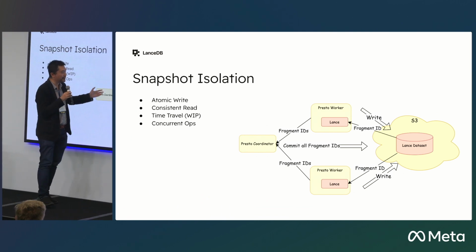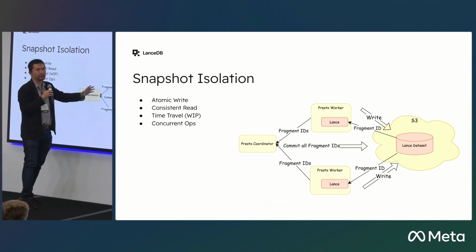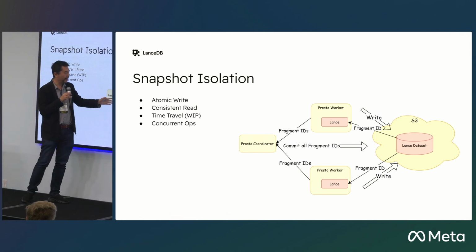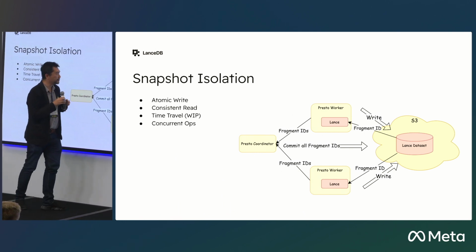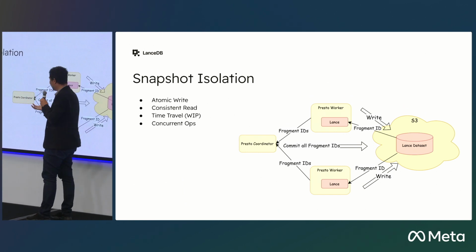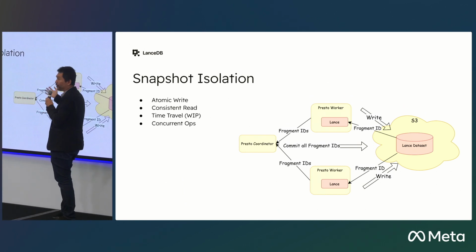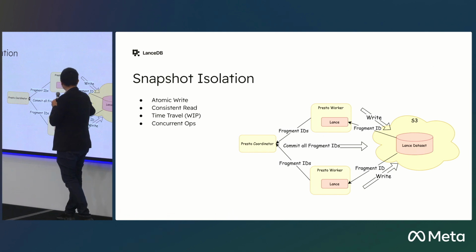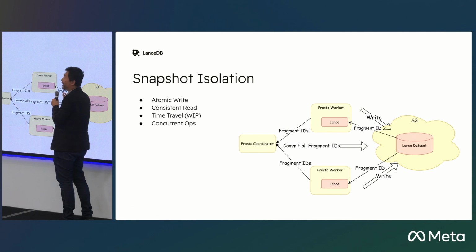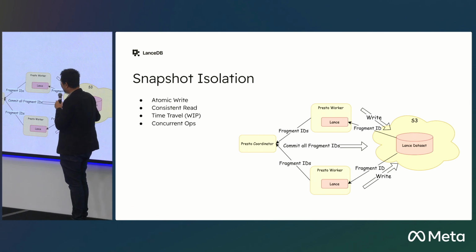So when we write something from Presto, maybe you join quite a few Hive tables and Iceberg tables, you will split your data across maybe quite a few workers, maybe 4 workers or 2 workers, whatever, and each worker will write a new fragment into your dataset.